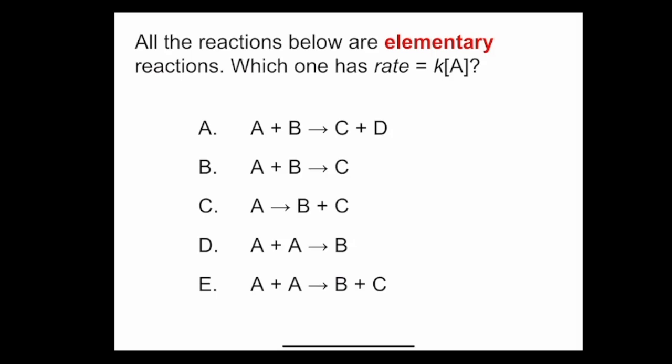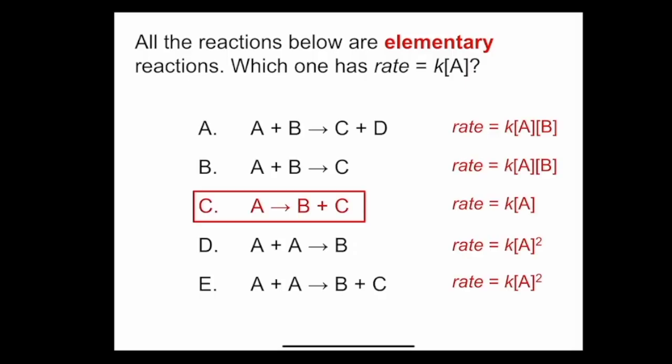How about C? Okay, yes, it's C. Each of them, you can look at the starting materials, and from that, derive the rate law immediately. Now again, which of these is a unimolecular reaction? It's the only one also. Which one is a bimolecular reaction? Which one is going to be first order in A? A, B, and C. That's right.